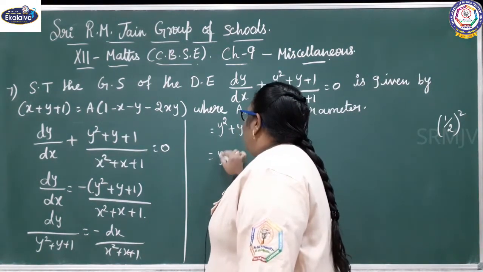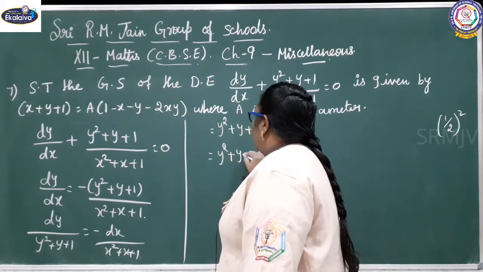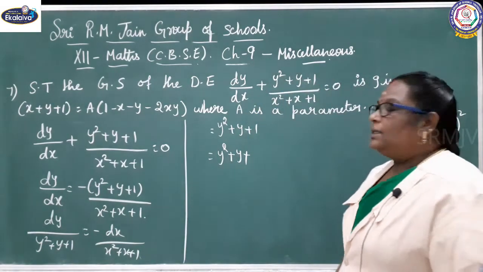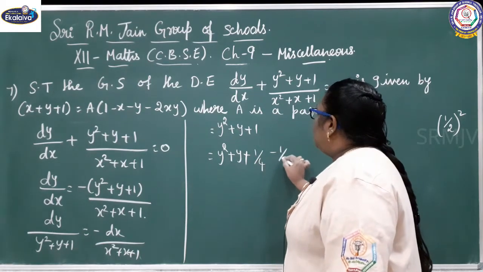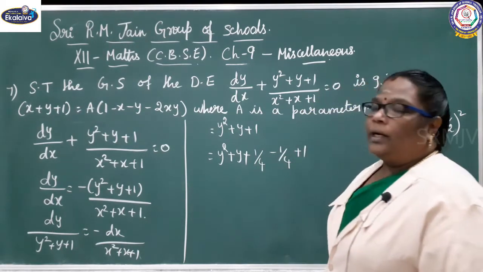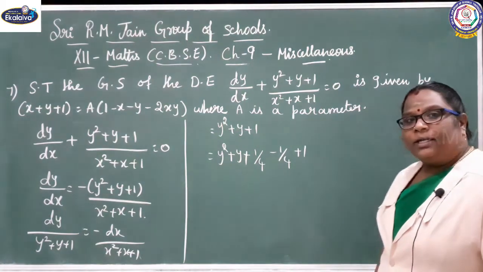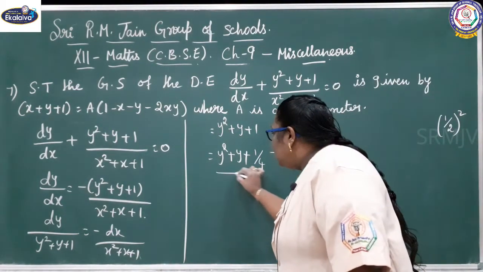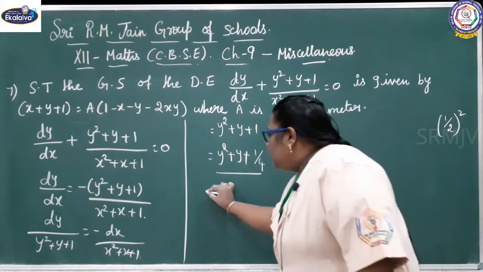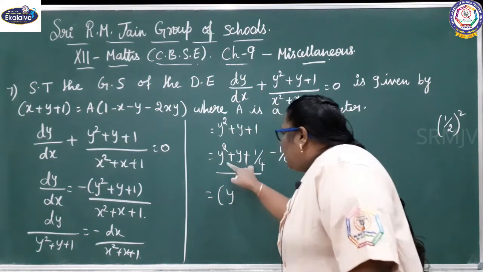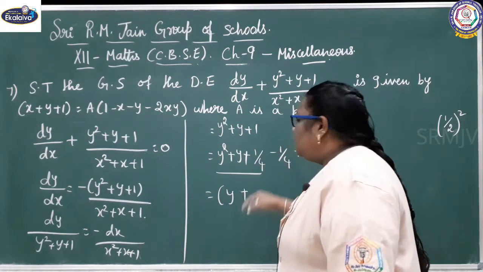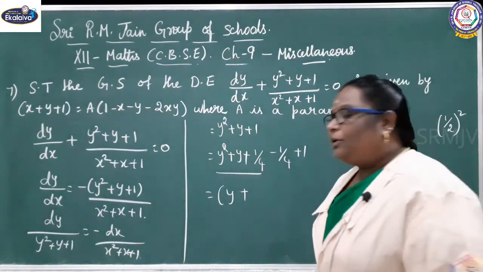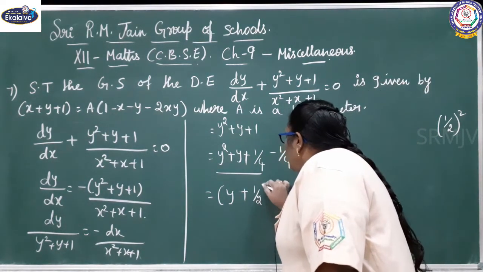So it gives y square plus y plus 1 by 4 minus 1 by 4 plus 1. You take the first 3 terms. So see here, first term you can take as y, then plus, what is the third term? 1 by 4. What is the square root of 1 by 4? 1 by 2 the whole square.